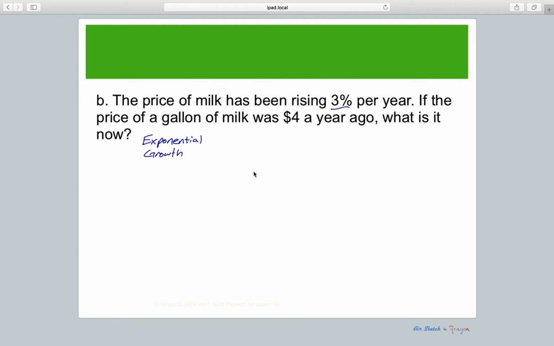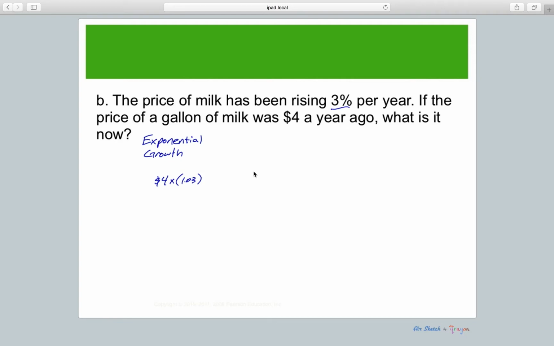So the way I would figure this out is I would take the price that it was, which was $4 a year ago, and I'm going to multiply it by 1.03, meaning it's increasing by 3%.